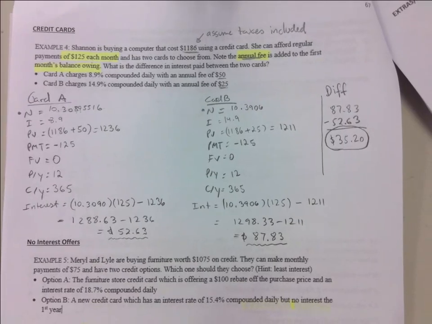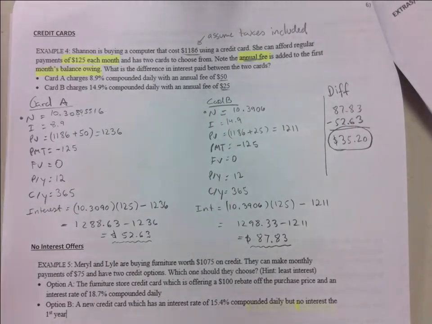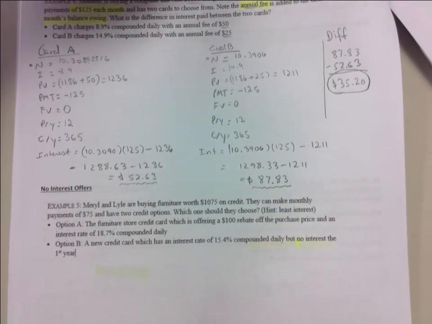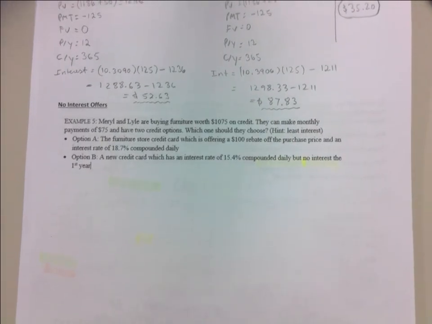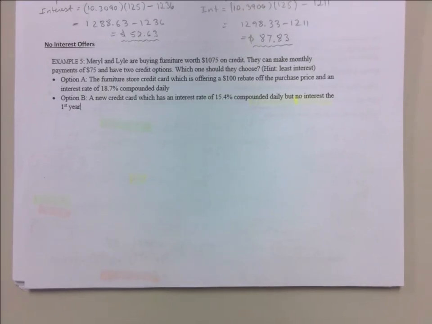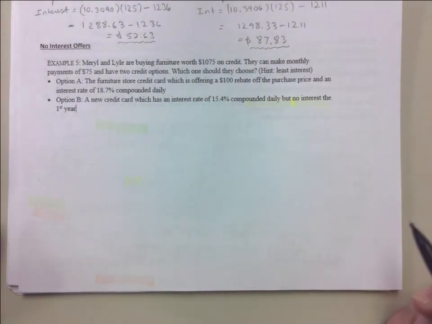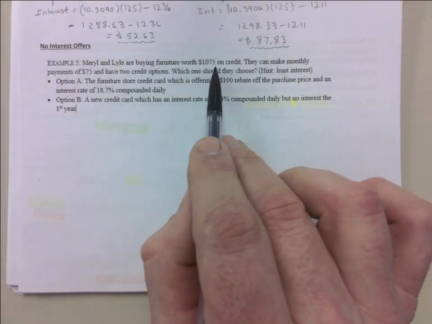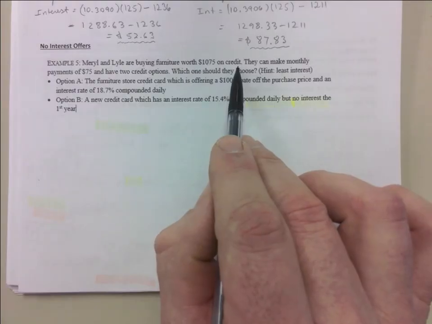I want to do a no interest offer where there's 0% interest for a certain amount of time. So let's try this one here. Merrill and Lyle are buying furniture worth $175 on credit.